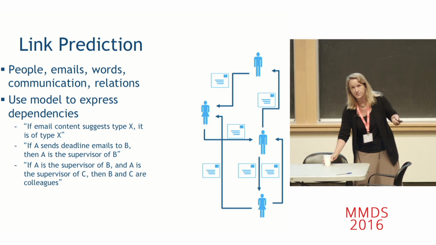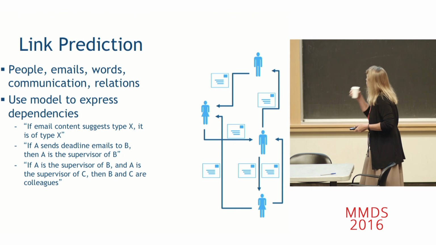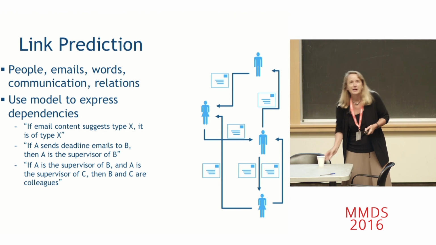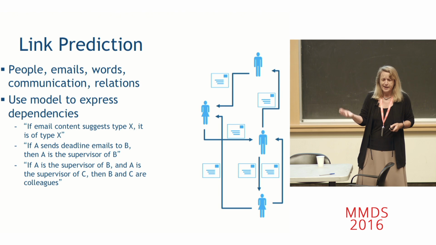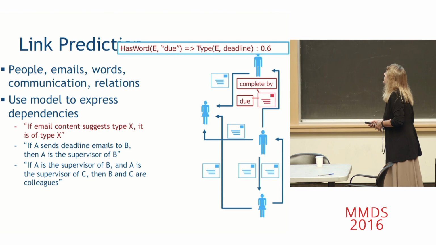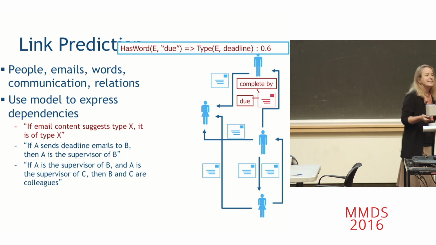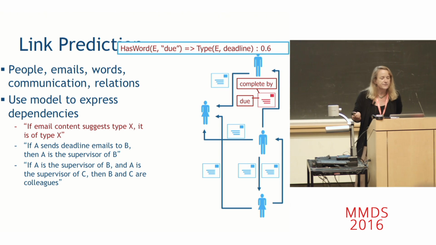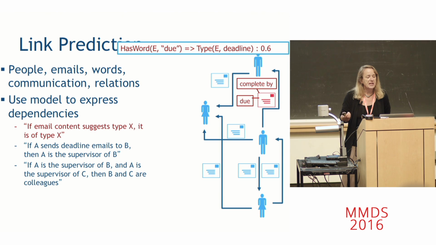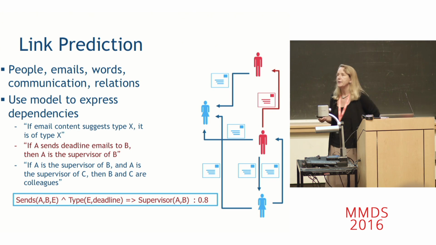The node labeling problem is the easiest problem, but where, for example, I'm trying to figure out an organization hierarchy and figure out who reports to who. Well, I could start off by saying, okay, I have certain kinds of emails, and the kinds of emails can indicate whether it's a deadline email maybe or a social email.